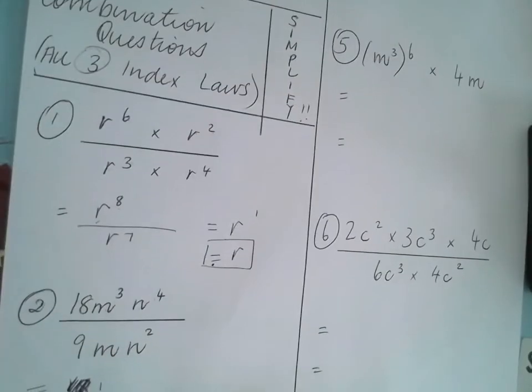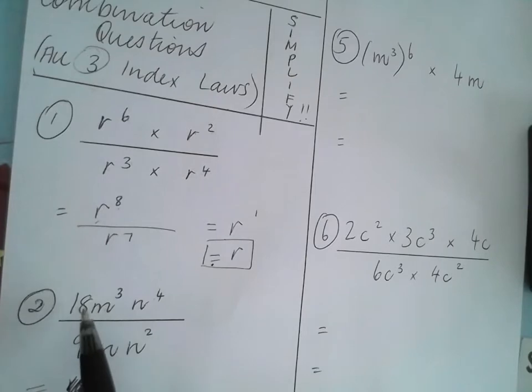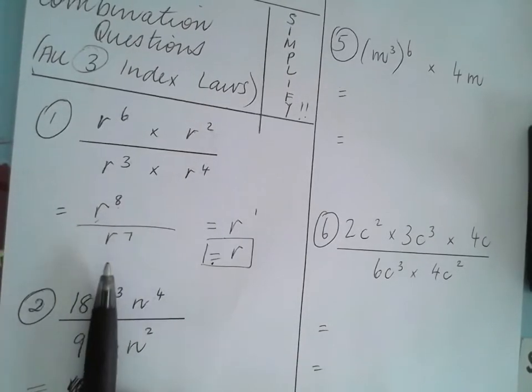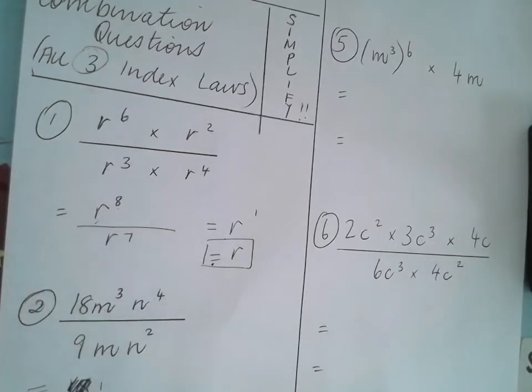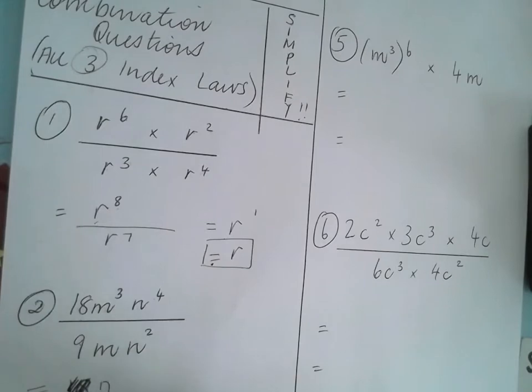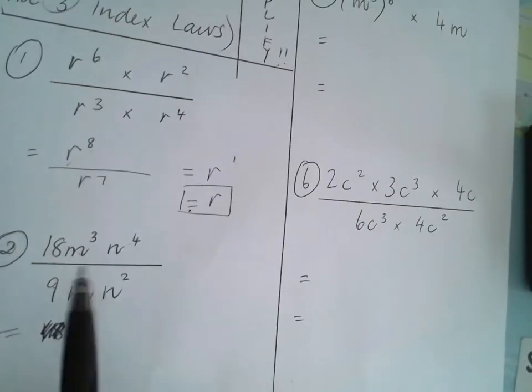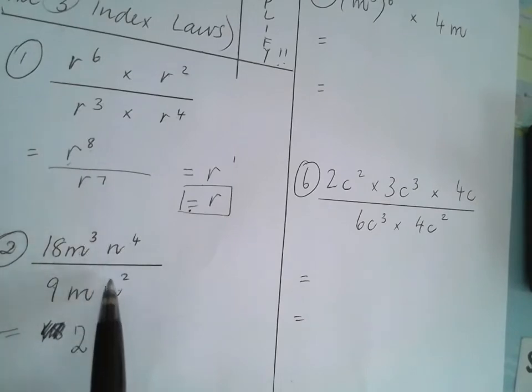The next question, we have some coefficients. These are these numbers here, our 18 and our 9, which sit alongside our variables or bases and our powers or our indices. So let's work out, we have 18 divided by 9 if we just focus on our coefficients. 18 divided by 9 is 2. Now we have 2 bases in this question, or 2 variables.